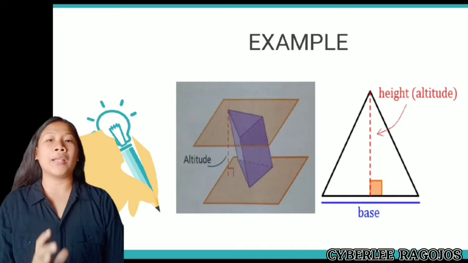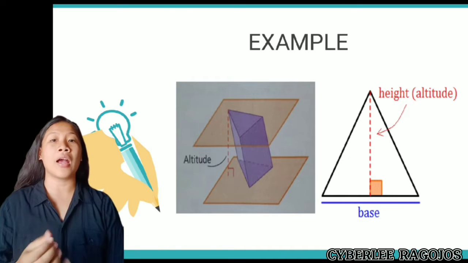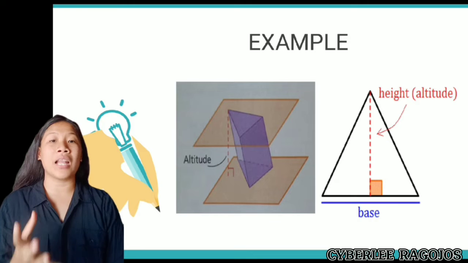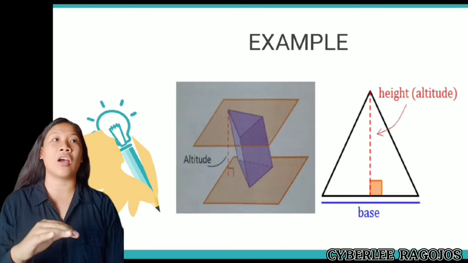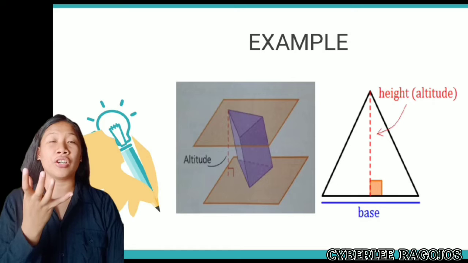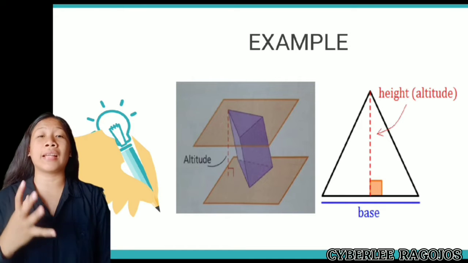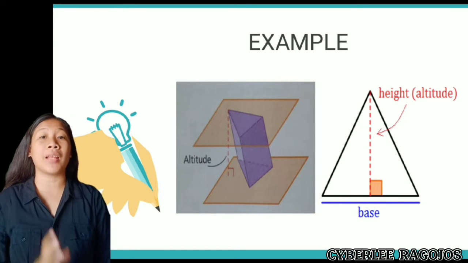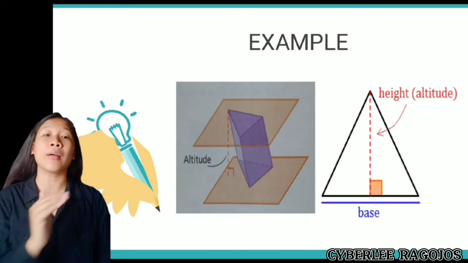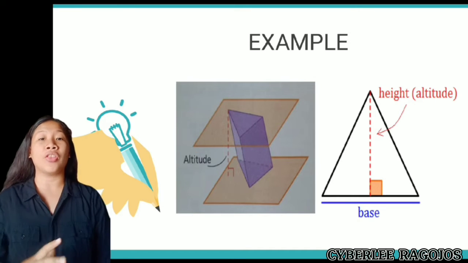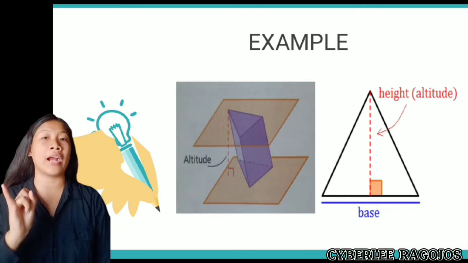Kung ikukumpara na lang natin sa mga bahay na may tinatawag silang basement, which means yung pinakababa ng bahay nila, parang may underground kung tawagin. So, based sa picture na ito, makikita natin may nakalabel sa baba na base. Sa triangle na to, yung base niya ay yung may line na blue sa baba, and other faces of a prism are parallelograms or rectangles.